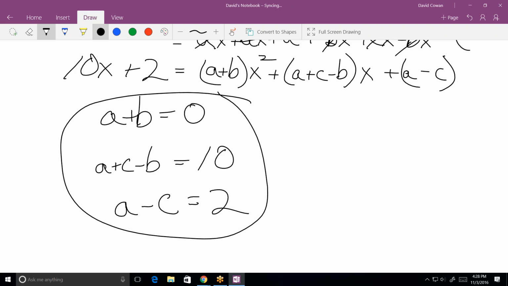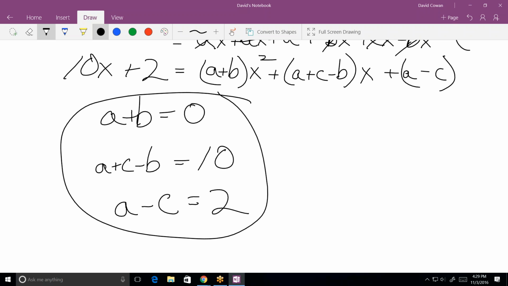Let's see. What's the best way to do it here? Let me think about if we want to use elimination on this. I could get rid of the A by subtracting these two, and then I can get rid of the A by subtracting those two. So I'm inclined to think that elimination is easiest, rather than substitution.